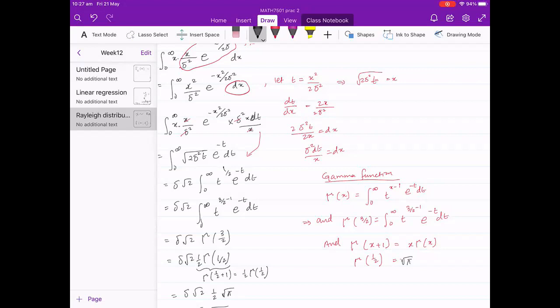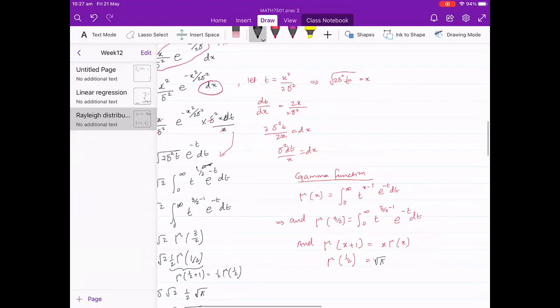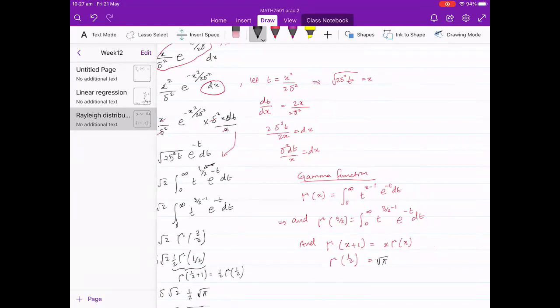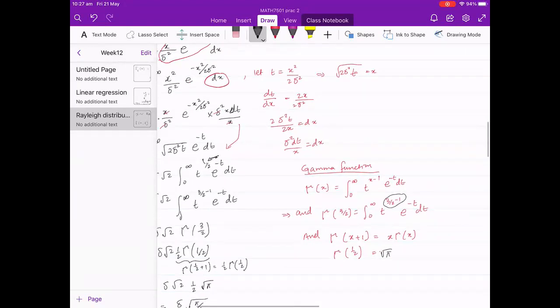So we got almost up to that. Here we need to rearrange that t to the power half in this form. A half is 3 over 2 minus 1. So the x is 3 over 2 in our case.